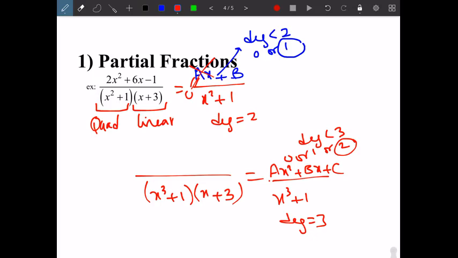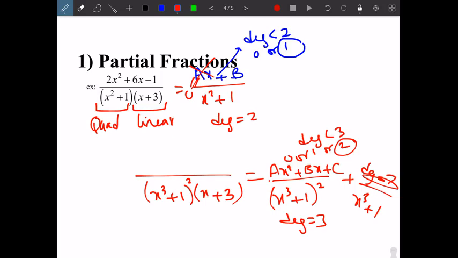And similarly, if this factor was to be squared, in this case, we'd consider (x cubed plus 1) squared plus (x cubed plus 1) to the power of 1, again with a quadratic numerator. So whatever the factor inside the power is, we always consider the numerator having a degree strictly smaller than the degree of that factor.